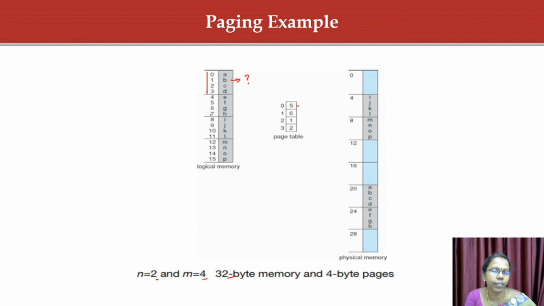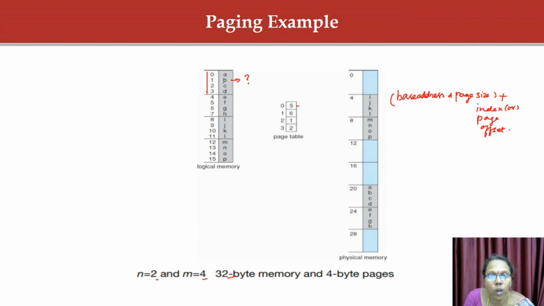To see where it is located, we can use a simple formula: physical address equals base address into page size, plus index, or page offset. This is the formula to convert a logical address into the equivalent physical address.